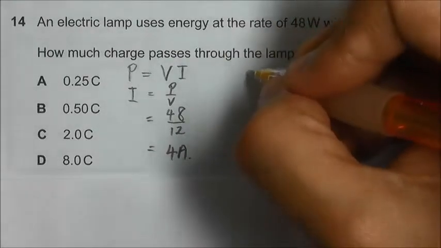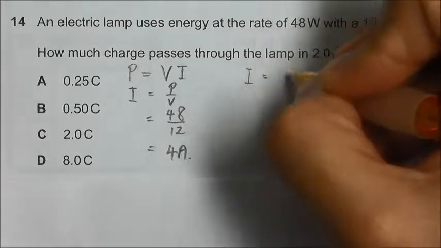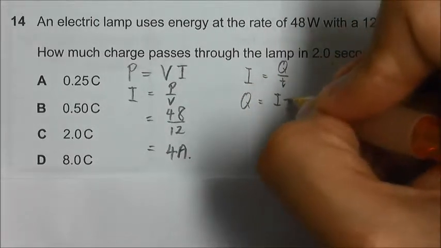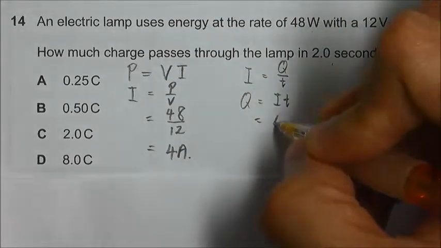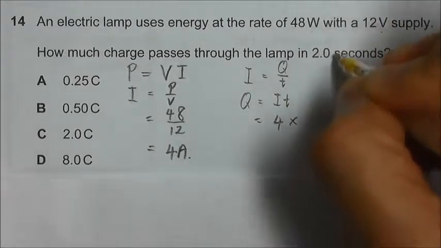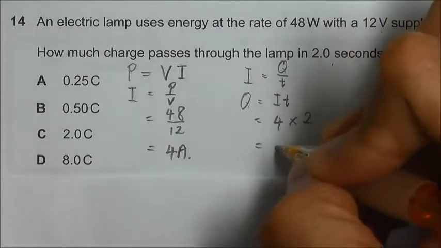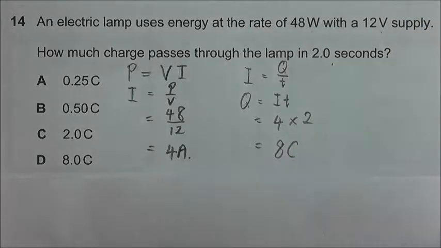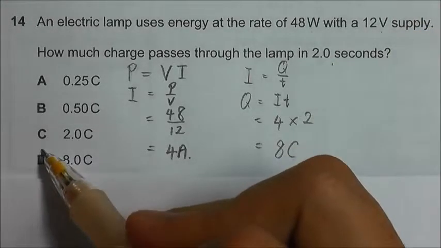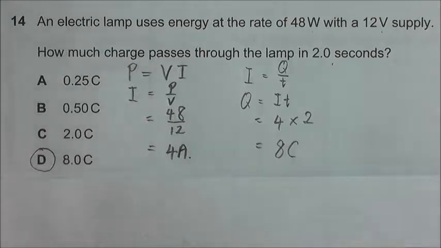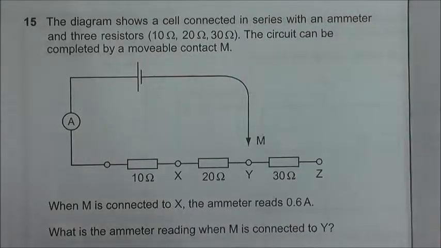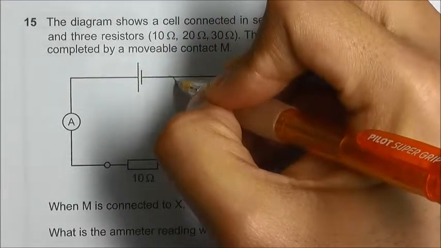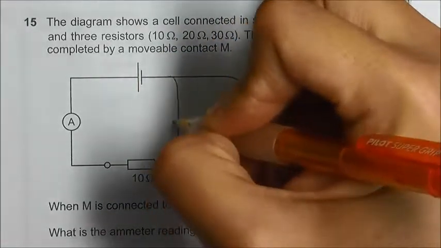We can use the formula I is equal to Q over T, so Q is equal to IT. Time taken is 2 seconds. So there is 8 coulomb of charge that flows through. Answer D.